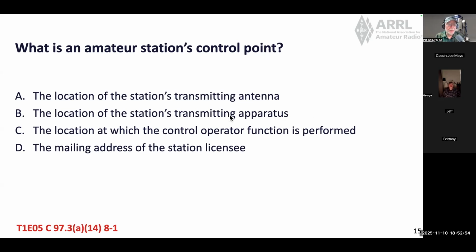I would have said either one. I bet this question gets revised on the next round. But it's not the mailing address of the station licensee either. So you can scratch D, A, and B. It's where the control operator function is performed, where you key up that mic. So the answer is C.